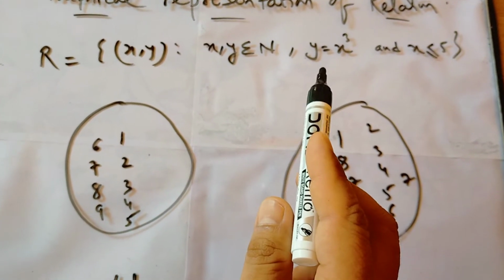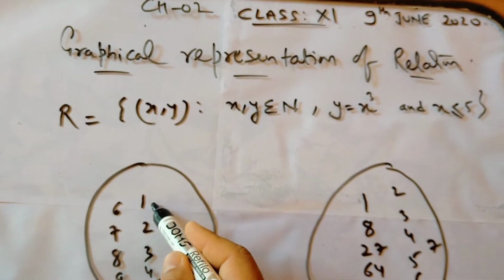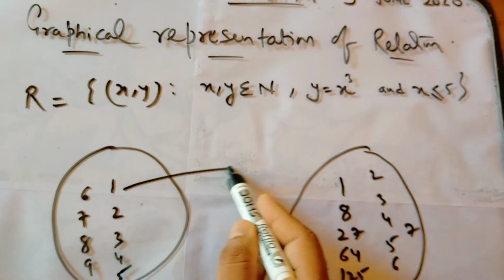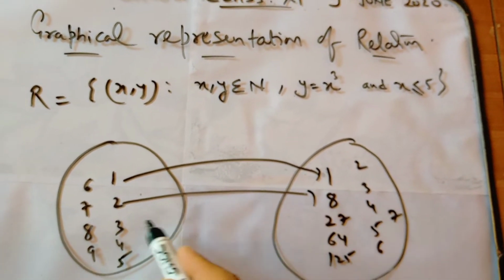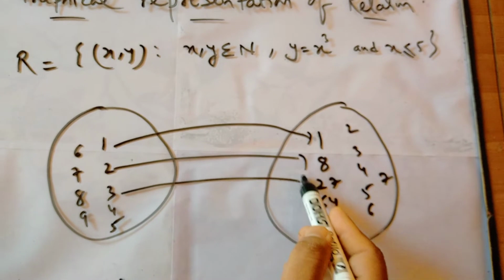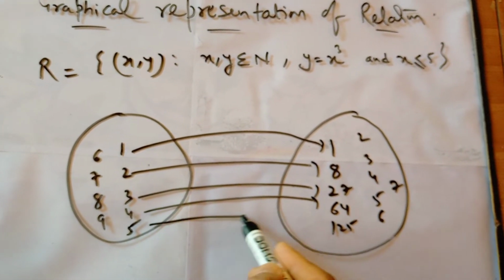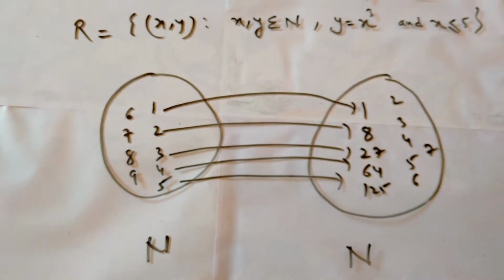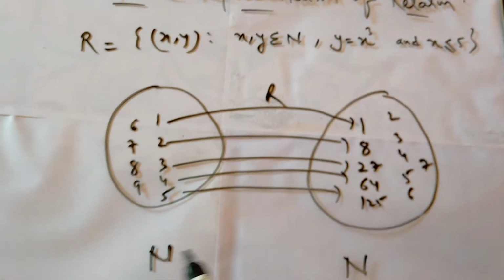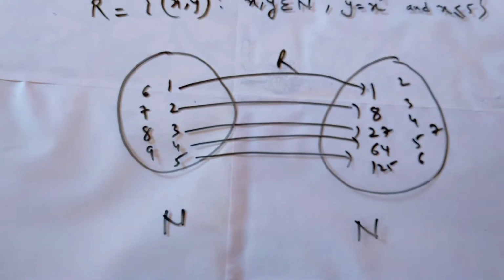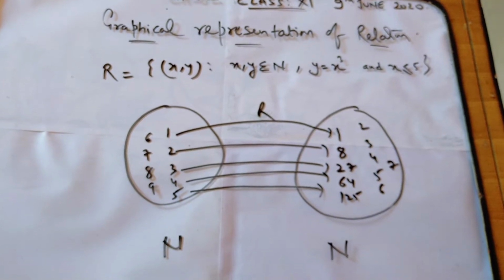Because y is x cubed and x is less than or equal to 5, we are going to attach the elements. Cube of 1 is 1, cube of 2 is 8, cube of 3 is 27, cube of 4 is 64 and cube of 5 is 125. So this is the relation R from A to B, or N to N. So this is the graphical representation of a relation.